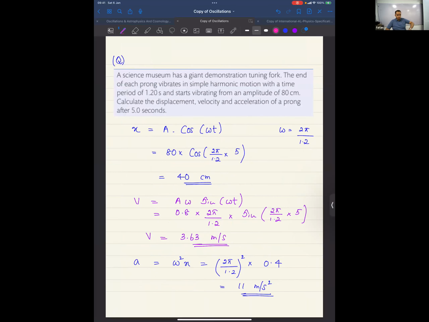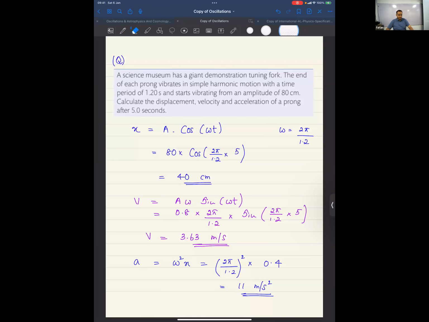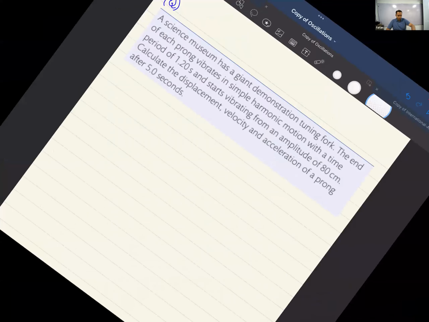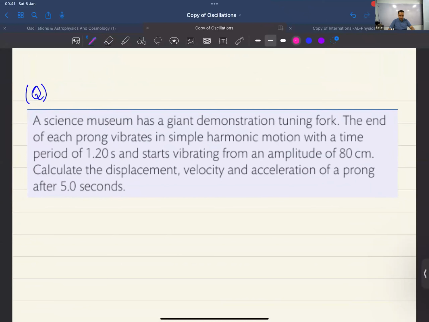A science museum has a giant demonstration tuning fork.